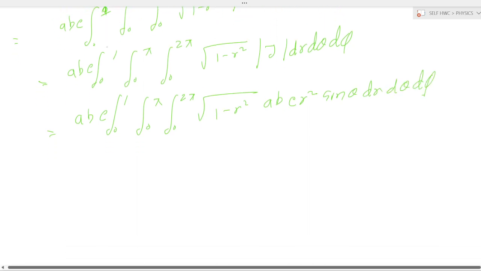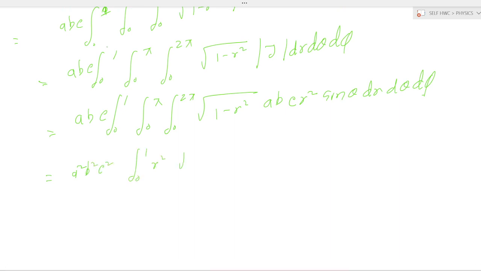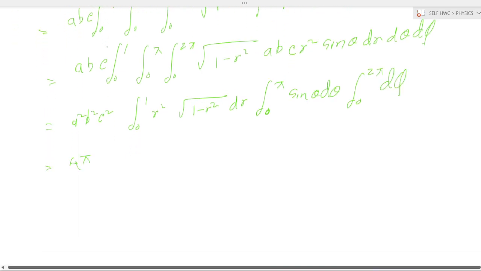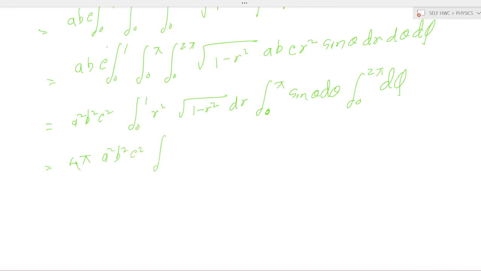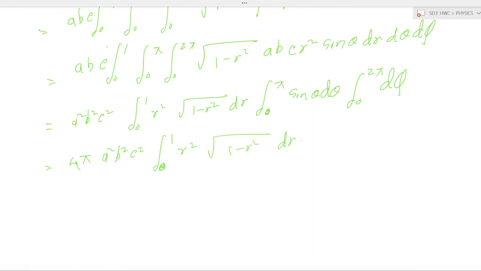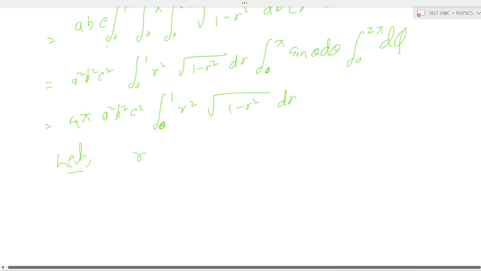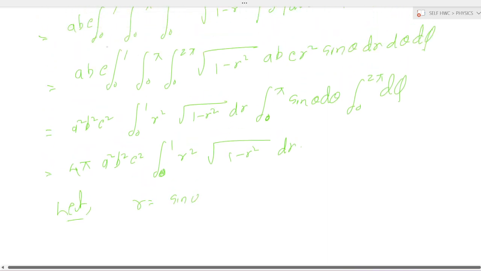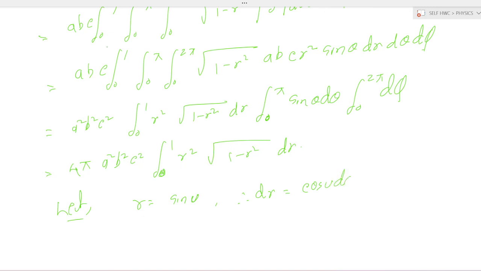This is equal to a square b square c square into the integral 0 to 1 of r square root of 1 minus r square dr, times the integral 0 to pi of sine theta d theta, times the integral 0 to 2 pi of d phi, which is equal to 4 pi a square b square c square integral 0 to 1 of r square root over 1 minus r square dr. Let r equal sine u, therefore dr is equal to cos u du.